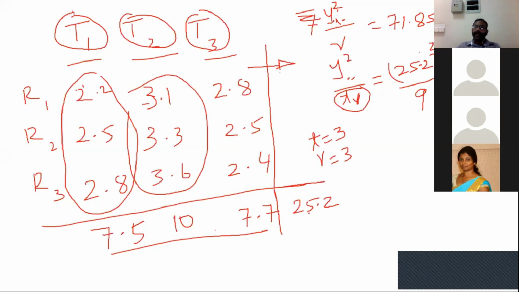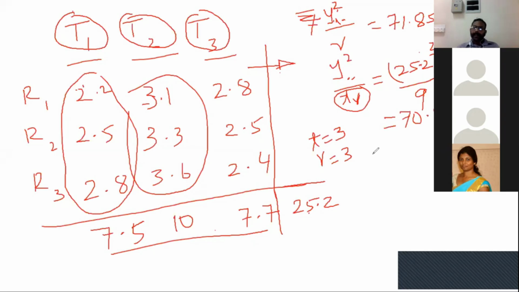Don't send me chat now because I tell the values verbally. Otherwise I'll have to look at the chat from time to time, wasting time. 70.56. Okay, fine.